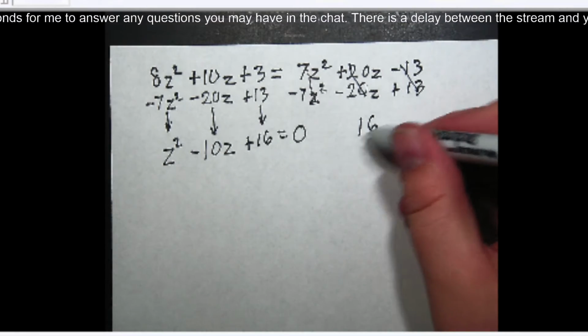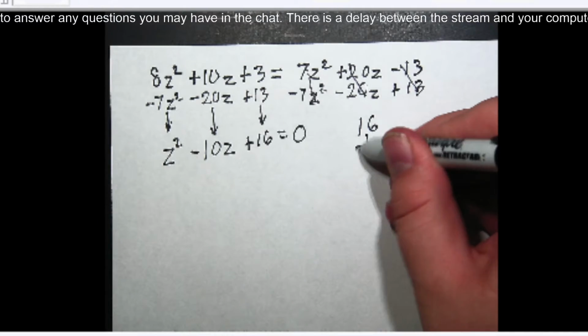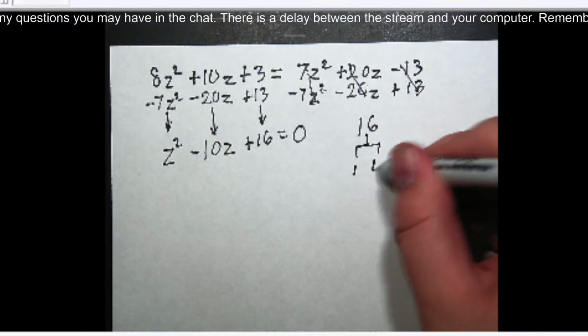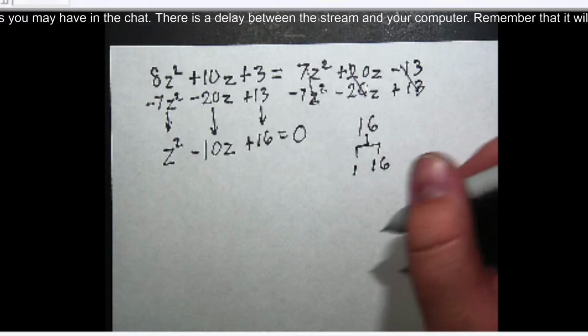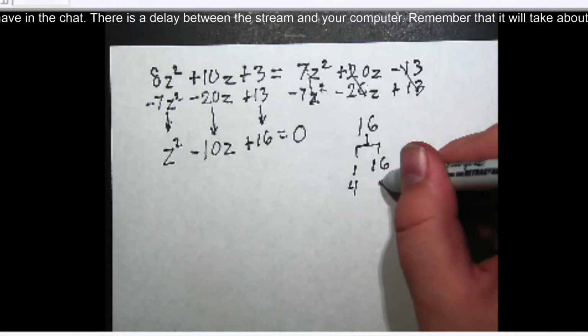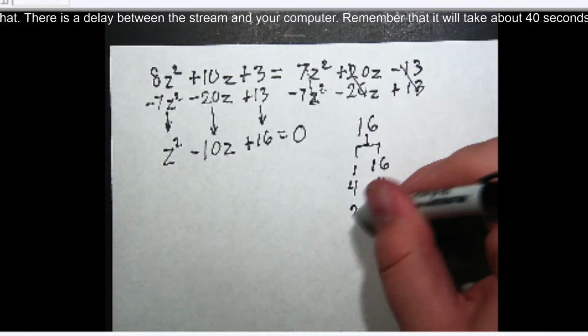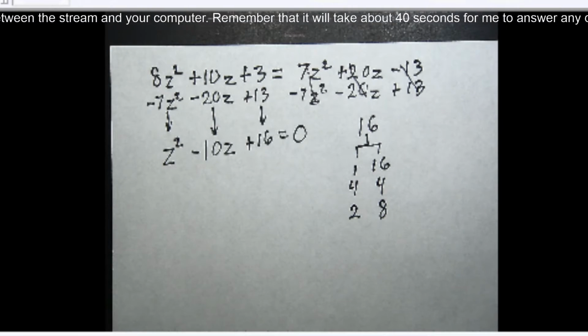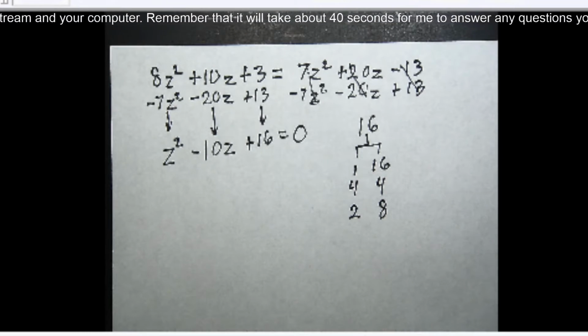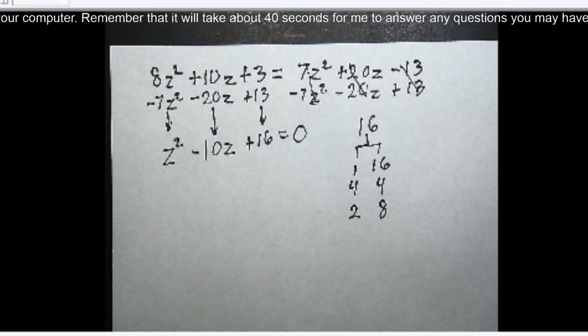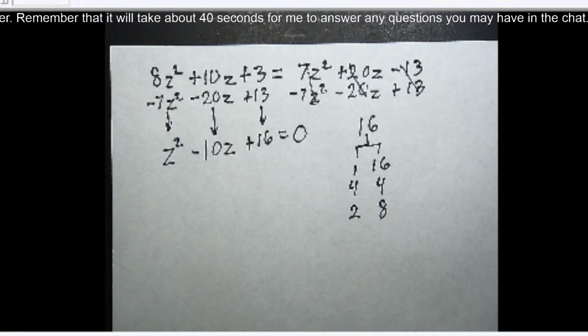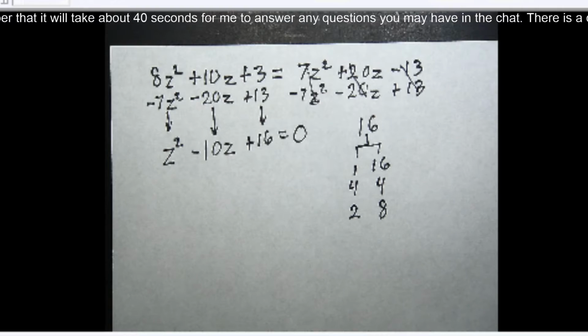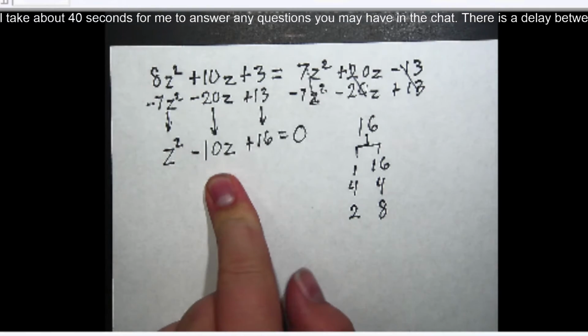All right, factors of 16, there aren't too many. 1 and 16, 4 and 4, 2 and 8. And we need a pair that will give us negative 10 here in the middle.